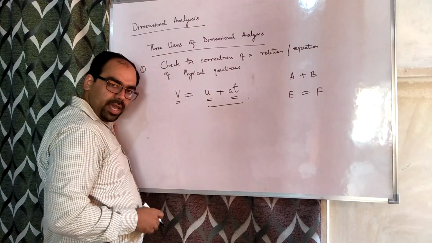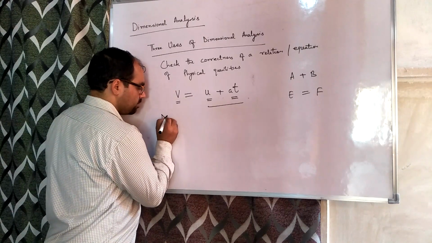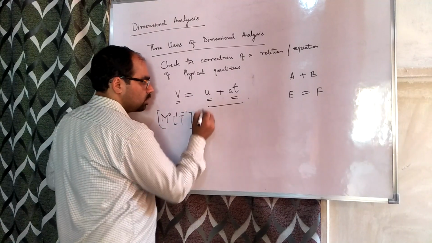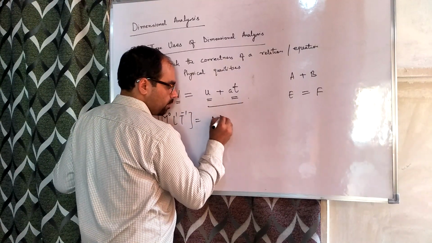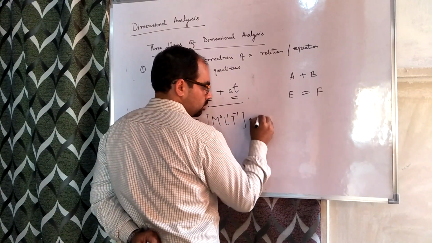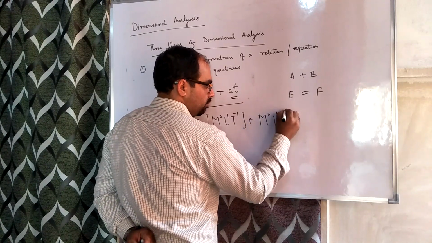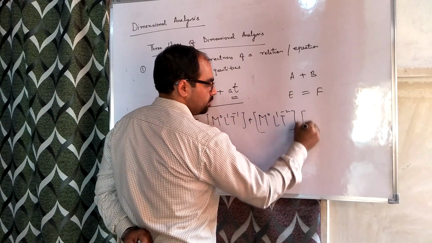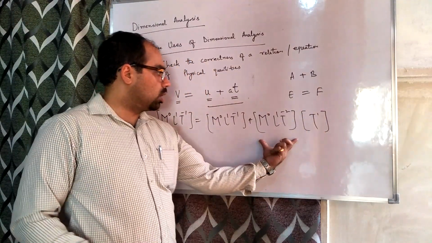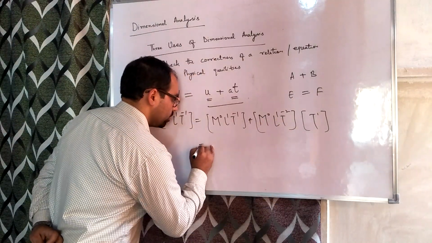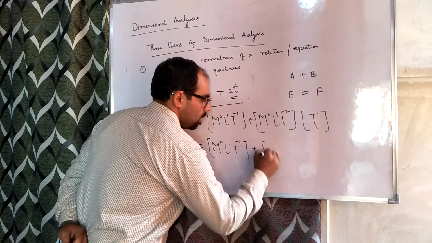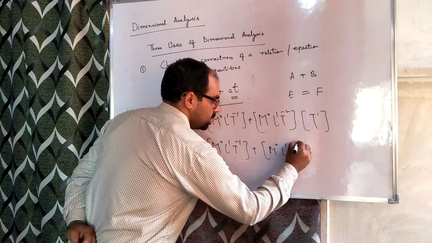Let's see, what is v? Velocity. Its dimensions are m0, l1, t minus 1. Now what is u? Same, velocity. Plus a is acceleration, m0, l1, t minus 2. And what is time? It is t, a fundamental quantity, so we are simply using t for it. Now combine them. It is going to give m0, l1, t minus 1 plus m0, l1, t minus 1.